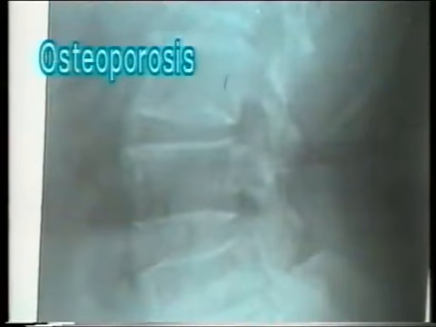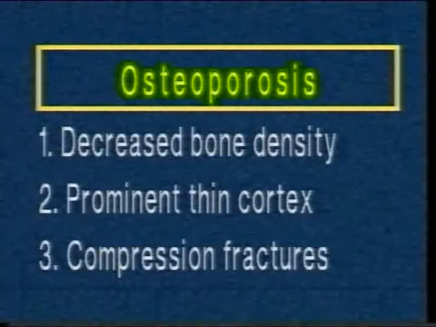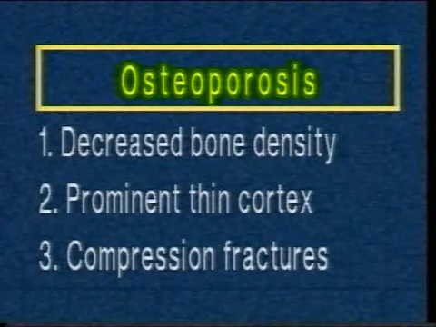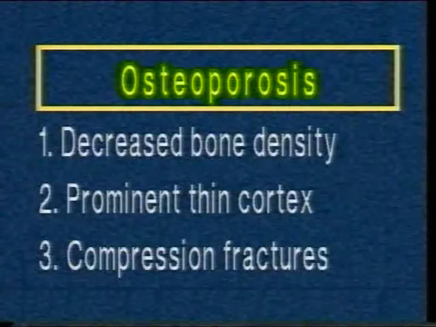This is another X-ray of spine showing osteoporosis. The bone density is reduced, the shape of the vertebrae is unaltered, and the intervertebral discs are normal. The cortex appears relatively prominent though it is thin. This is osteoporosis. So the radiological features of osteoporosis are osteopenia or decrease in the bone density with loss of trabeculae.